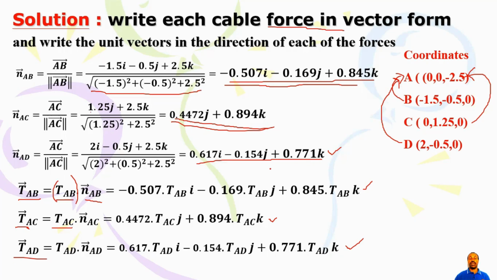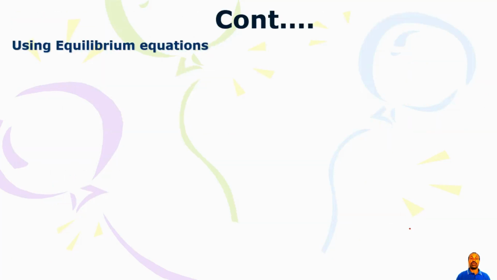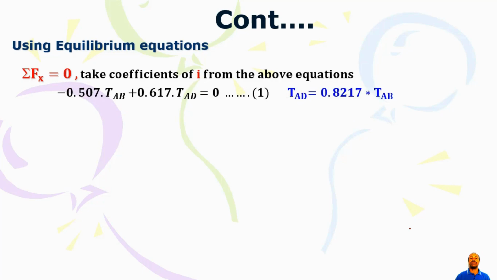Then you also write the weight as a vector. Since it is going in the downward direction, negative Z, it is negative 120 times this one. Since this is mass times gravity, it will give you this Newton value. Then, using the equilibrium equation, sigma Fx is equal to 0. Take the coefficients of i from the above equations.